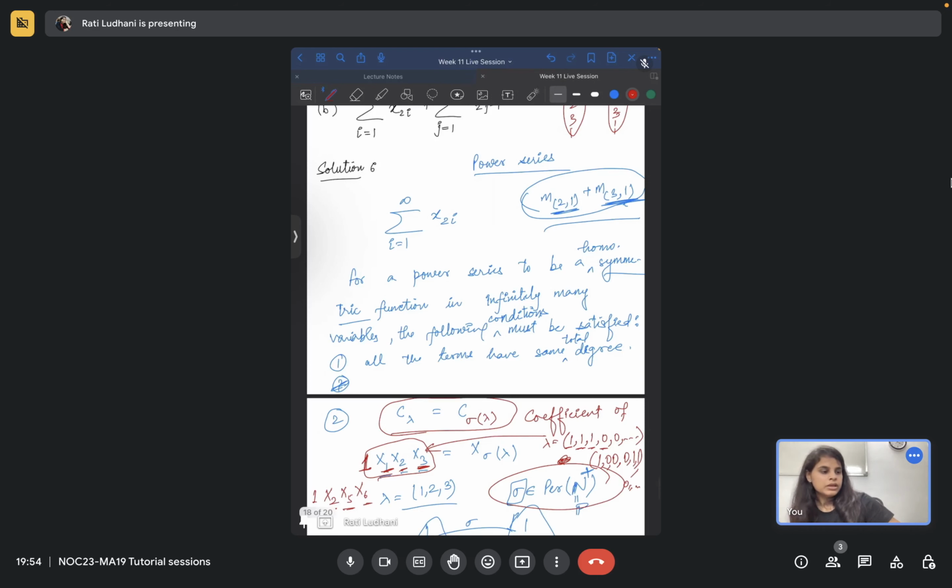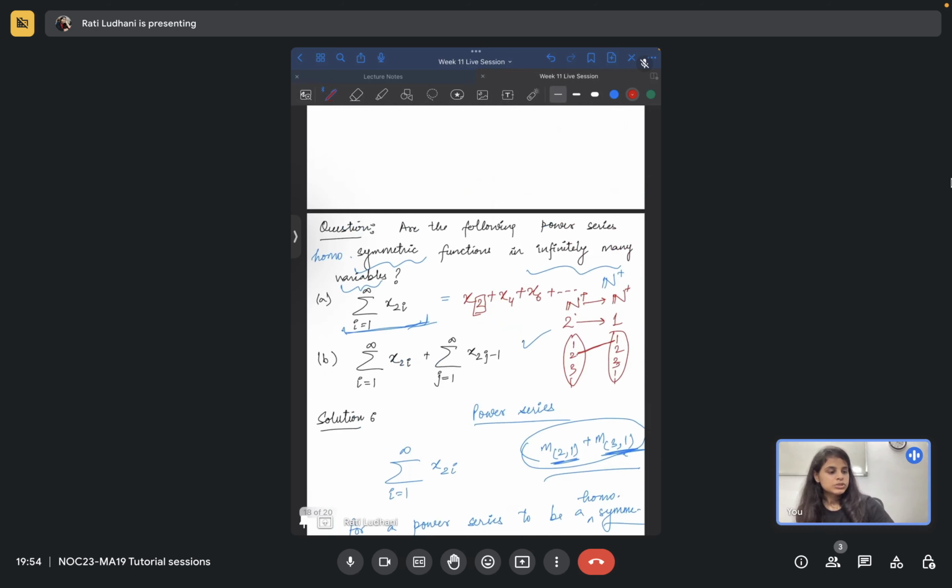So at this place, this 2 is given, so you must have x1 also, because 2 can go to 1. If you want to write it as a type, for x2 the coefficient is 1, and this can be permuted.